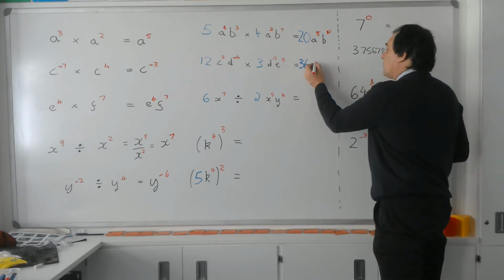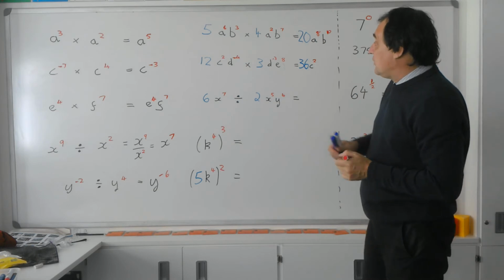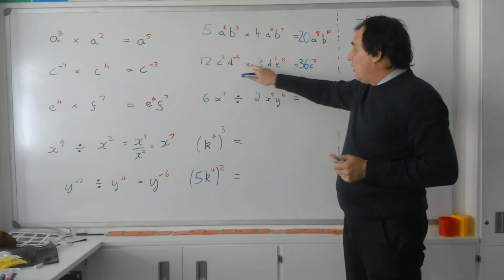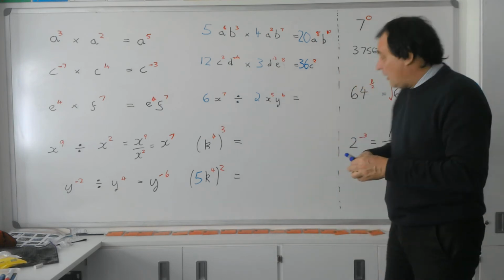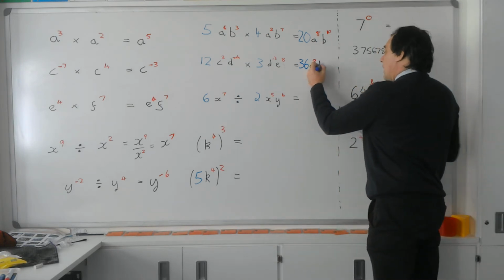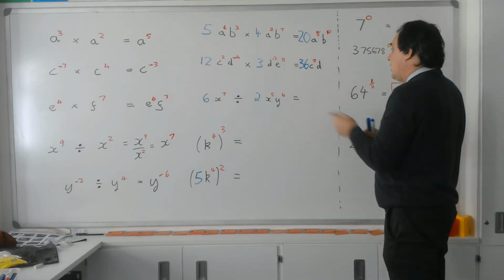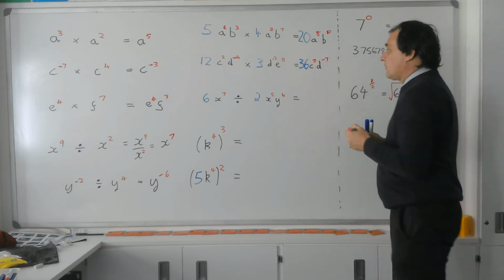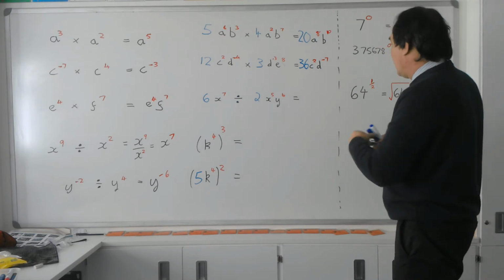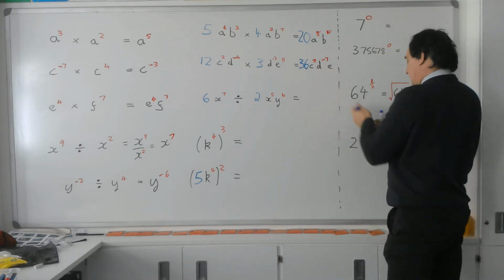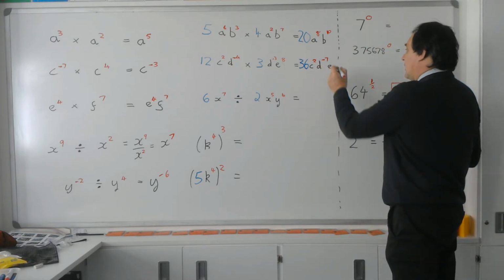The D's now, I've got a minus 4 and minus 3. Remember, when we're multiplying we add them. So minus 4 plus minus 3 actually gives us D to the minus 7. And then finally, I haven't got an E here, but I've got one there. So I just write it as E to the 8.